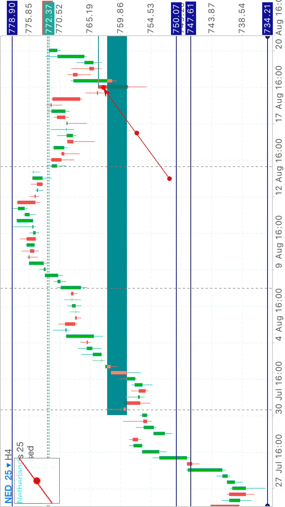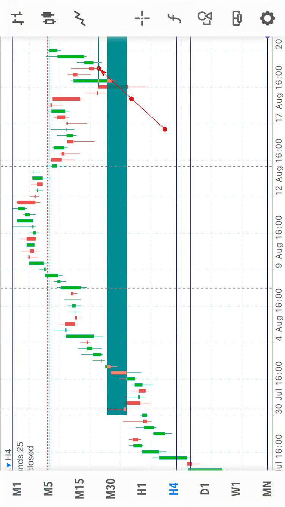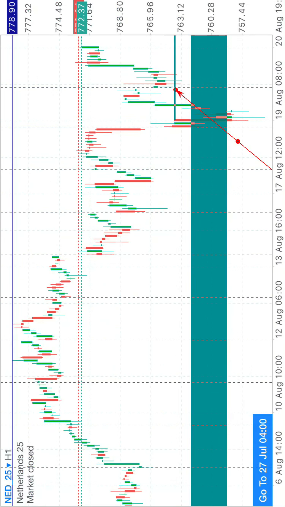I was supposed to buy here on H4, but unfortunately I was kind of busy. I didn't have time on the market last week. So now I will be checking for another buy opportunity.